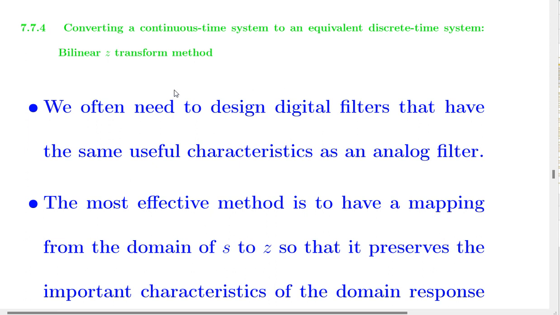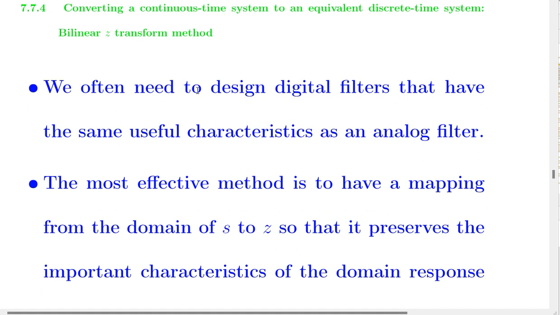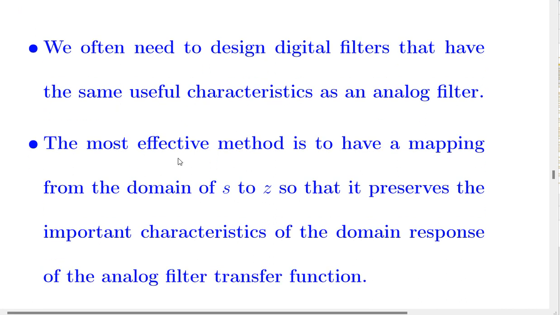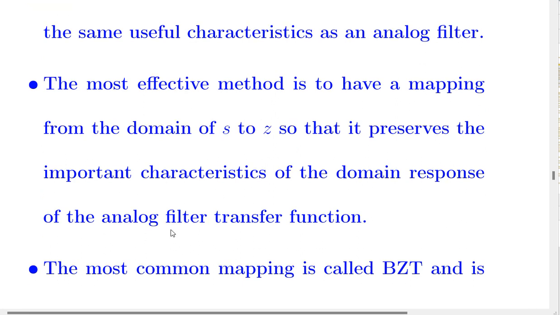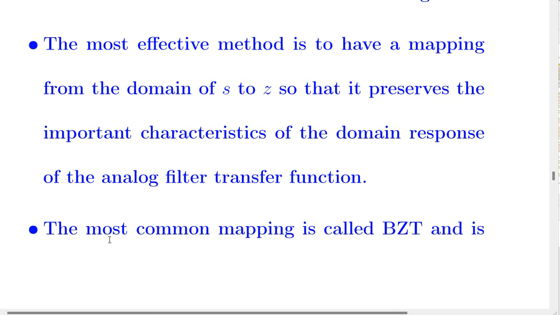Now, using the best method, BZT, the bilinear Z transform, we often need to design digital filters that have the same useful characteristics as an analog filter. The most effective method is to have a mapping from the domain of S to Z so that it preserves the important characteristics of the frequency response of the analog filter transfer function.